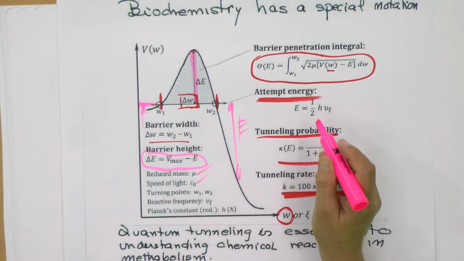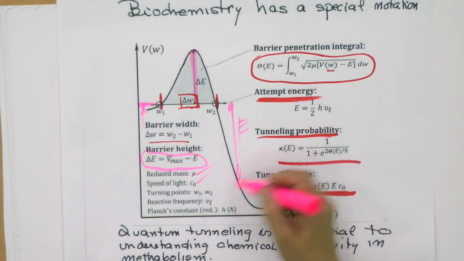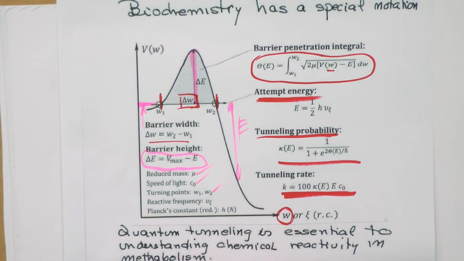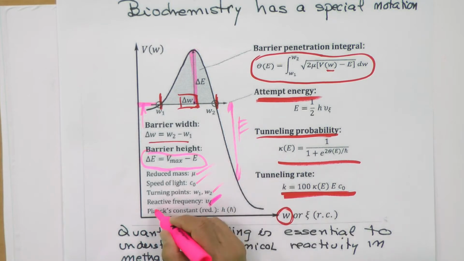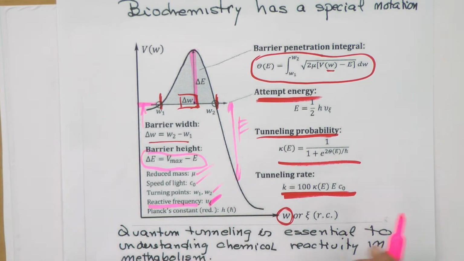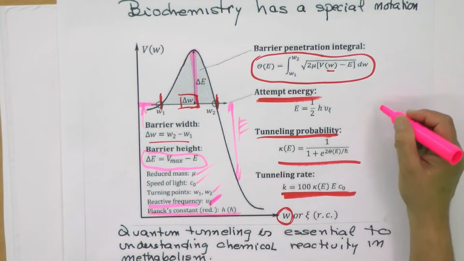Reduced mass, speed of light. That's a different way of putting things. Turning points, reactive frequency. That's exactly the frequency that we found in the... and Planck's constant that comes in a different way.